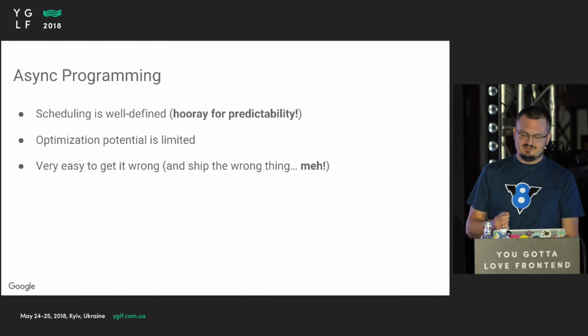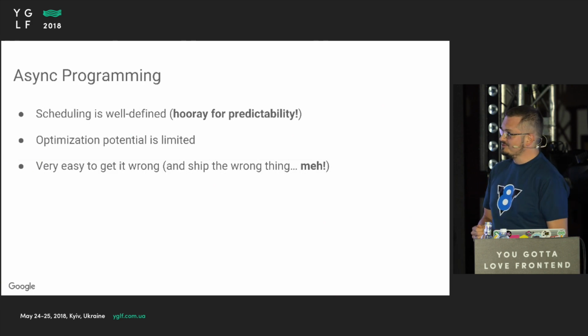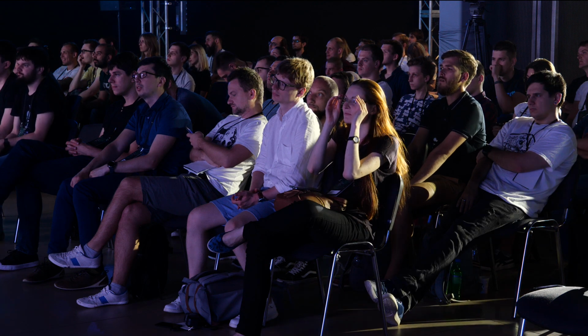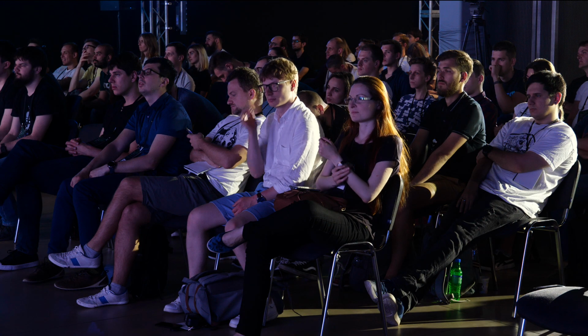And as you saw, it's also very easy to get it wrong. We had 0 test coverage for this, of course. So if you don't test your stuff, then it might break, and you might even ship the wrong thing to millions or billions of users. But nonetheless, we made some significant improvements already.